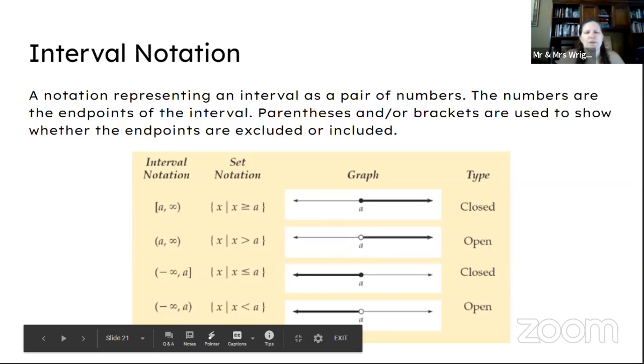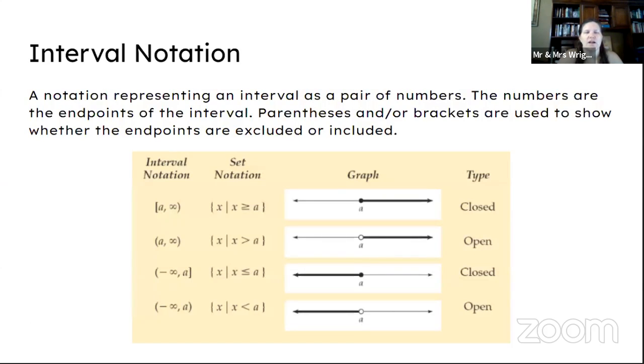This is an open circle. That means A is not included. So in this case, we have a parentheses around A, and it's pointing to -infinity. So this is interval notation. This is set notation. Usually as you continue on into higher education and college, as of right now, college algebra, they prefer the interval notation when noting domain and range and things like that. So it's good to know.